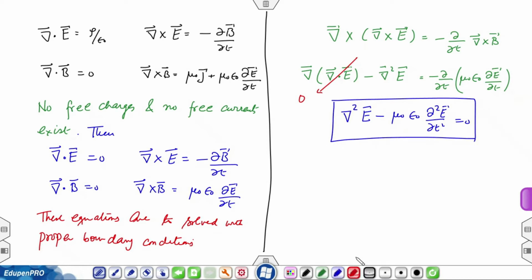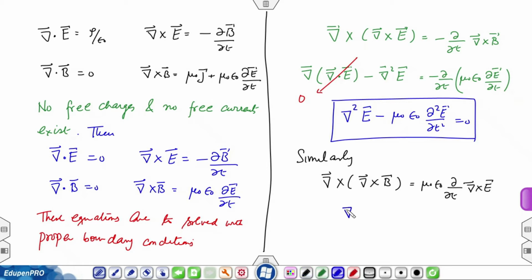Similarly, if I take curl of curl of B, this will be mu 0 epsilon 0 d by dt of curl of E, and this also gives del square B minus mu 0 epsilon 0 d 2 B over dt square is equal to 0.